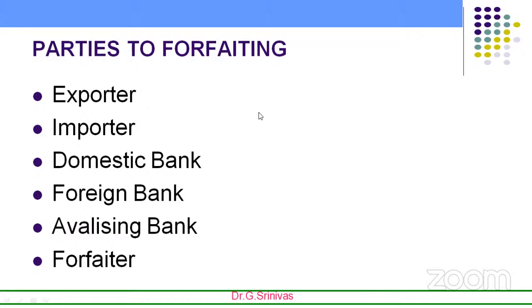They are exporter, importer, domestic bank, foreign bank, avalizing bank, and forfeiter. So these are the parties involved in forfeiting. Now we'll discuss each one by one: what is exporter, what is importer, and domestic bank. All that we'll discuss one by one.